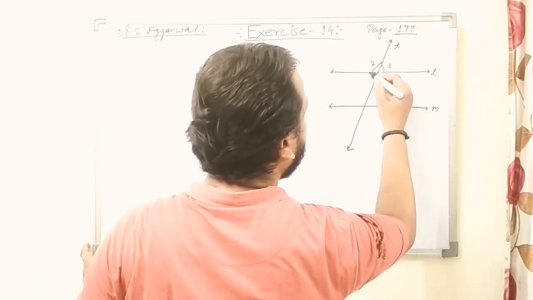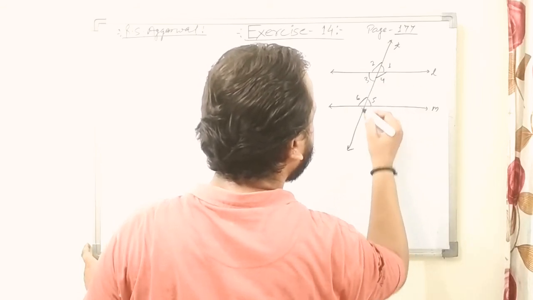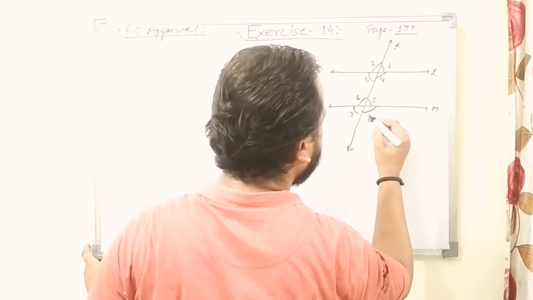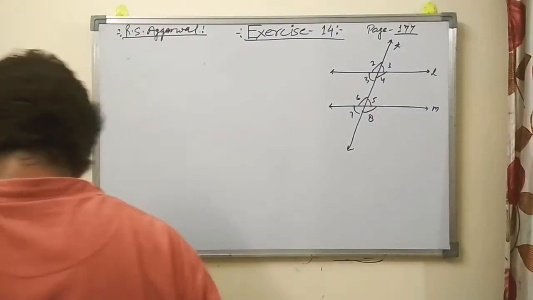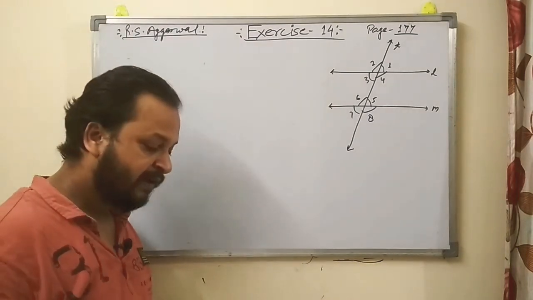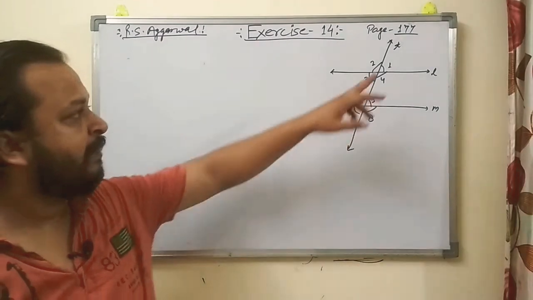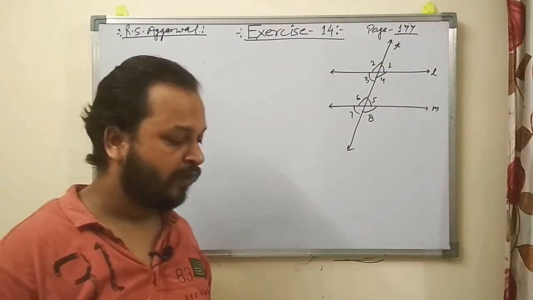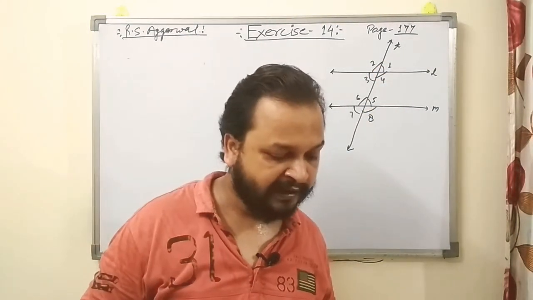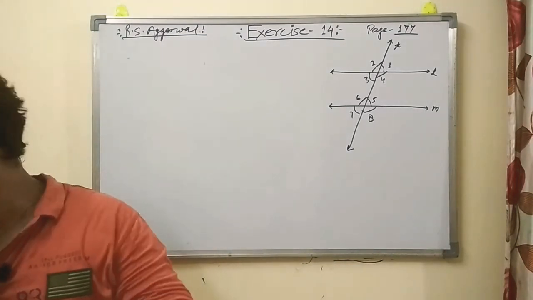1, 2, 3, 4, 5, 6, 7 and 8, right? And it is given that if angle 1 and 2 are in the ratio of 5:7, find the measure of each of the angles 1, 2, 3 and 8.